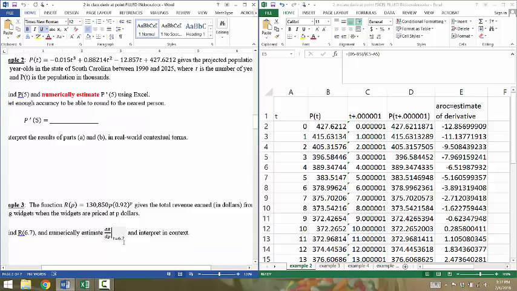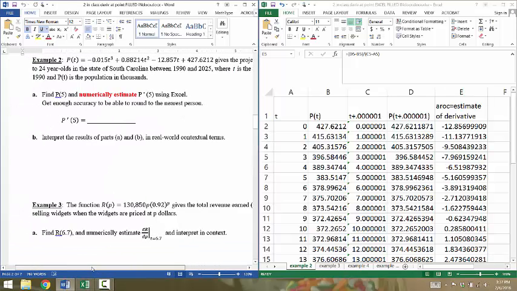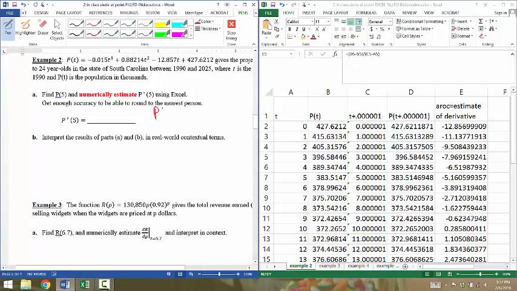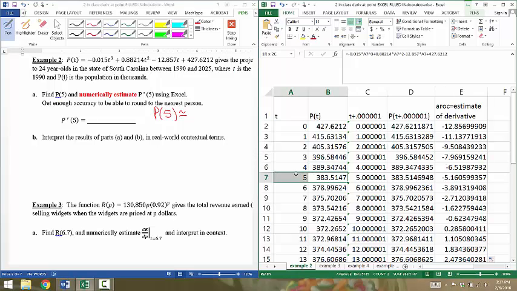Okay, so back in part A, it says estimate p of 5 and p prime of 5. So p of 5, I see in my table, is here. P of 5 is 383.515.